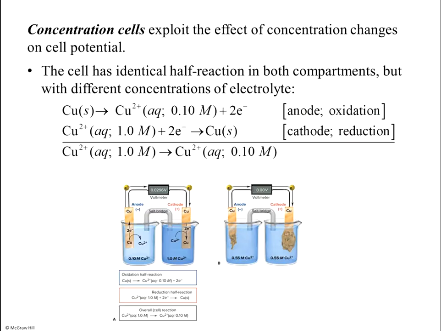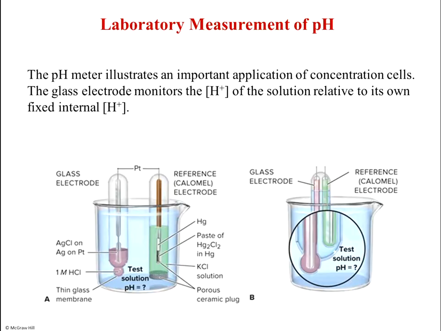These concentration cells do work, and they're used a lot of times for what we call electrochemical sensors. And one of the common cases of this is the laboratory measure of pH. What you do is you have two electrochemical cells that both have known values, and then you put a barrier between them, and that barrier is typically a thin glass membrane, or there are some solid state crystals now that also respond to pH.